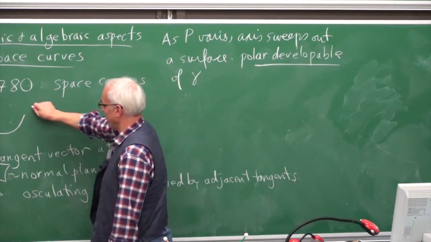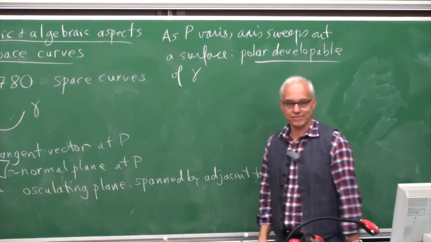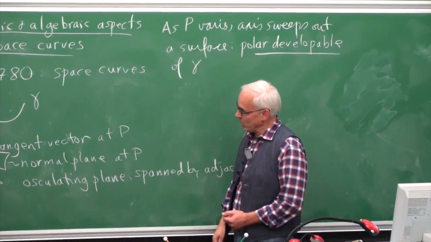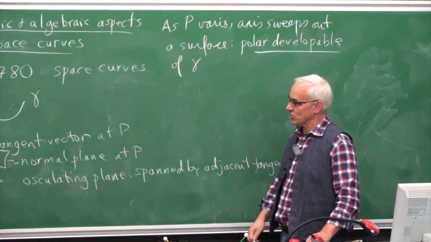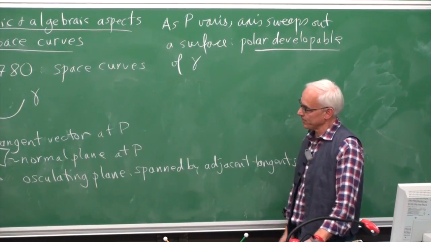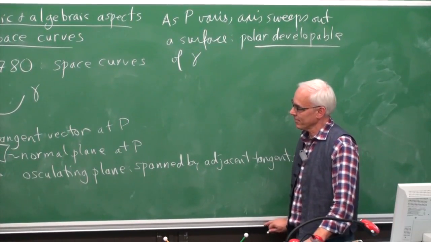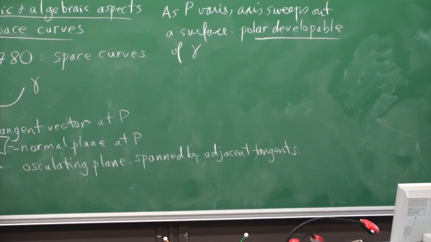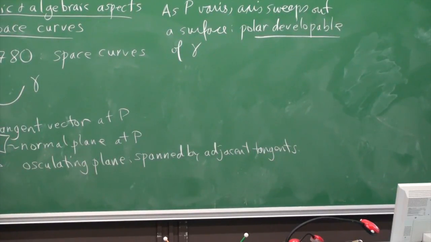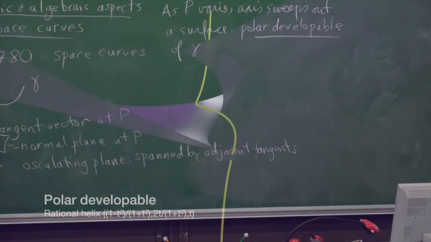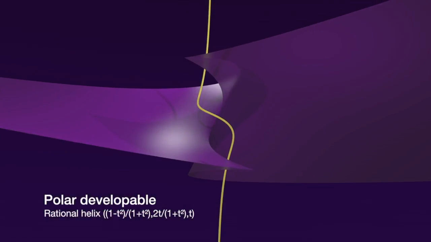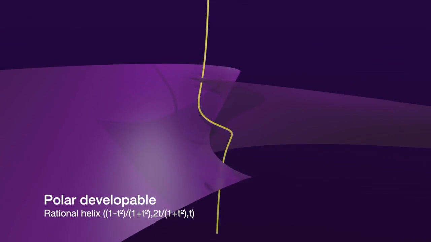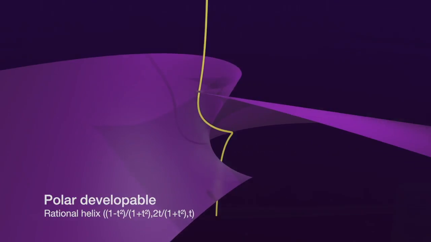That's called the original curve gamma. Okay, I'm not going to try to draw it because it's not going to be very accurate, but I hope to show you maybe some computer animations later on in the video. So there's some surface that is swept out by all these axes as you vary the point P. A surface naturally associated with the curve.